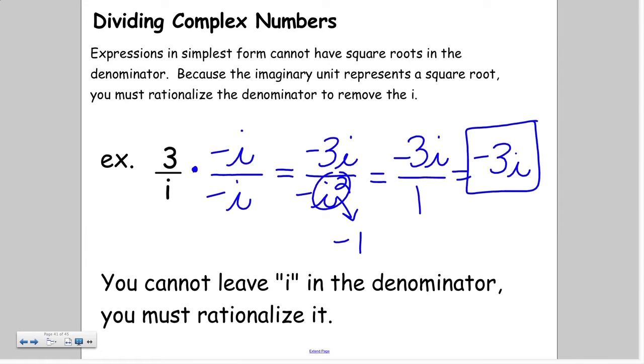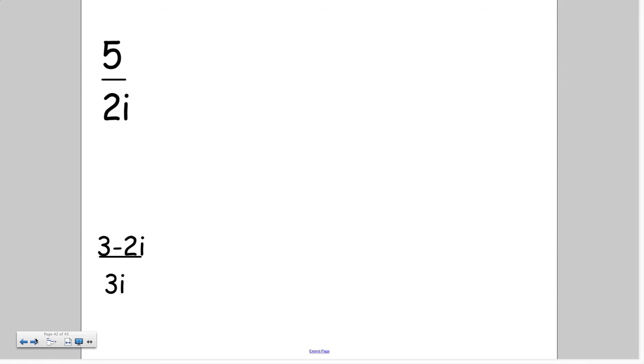Alright, can't leave it in the denominator. I have to rationalize it, which means I'm going to multiply by something over itself. If I have 5 over 2i, I'm going to multiply the top and the bottom by negative 2i. So multiply straight across.